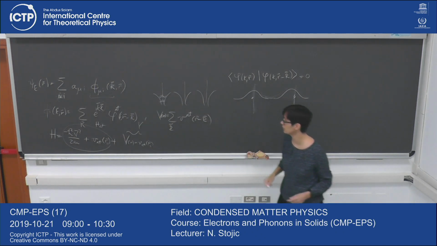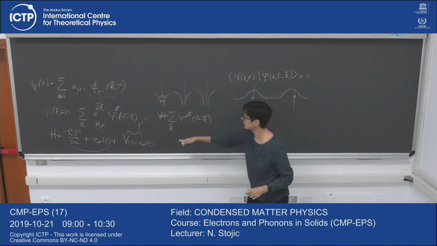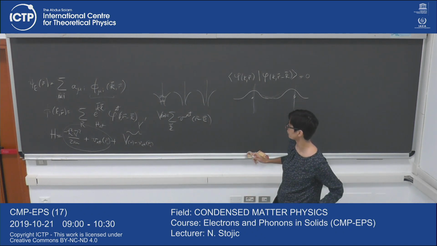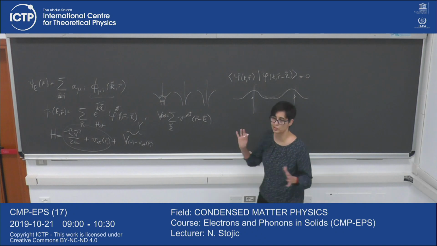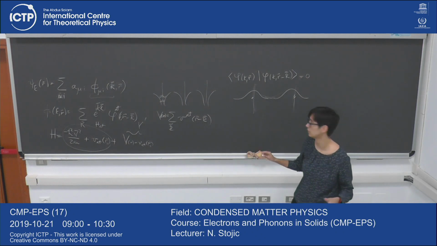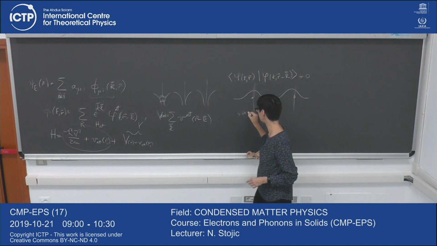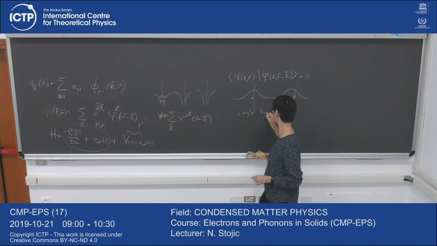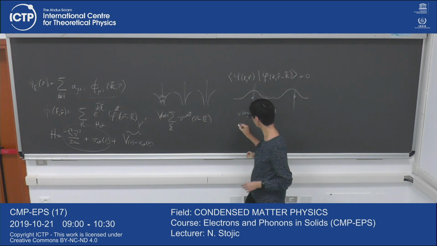And here you have a term at the same R. Okay, maybe I can do it for just a single band. In the case of a single band, I think you've solved it. Then what do you get?